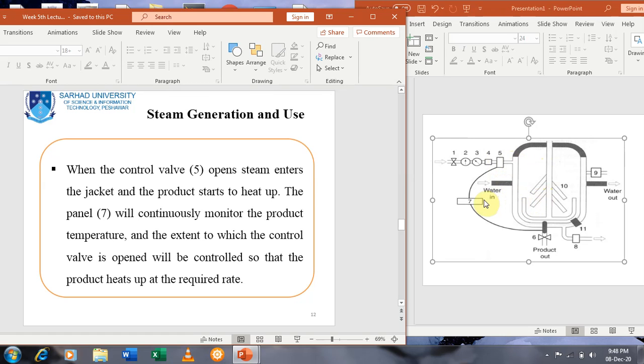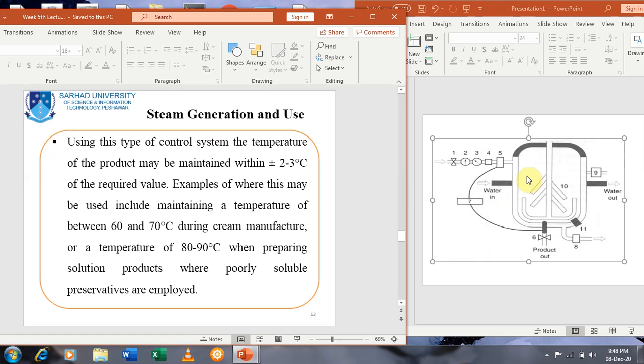The panel 7 will continuously monitor the product temperature, and the extent to which the control valve is open will be controlled so that the product heats up at the desired required rate. The control panel 7 is responsible for monitoring the desired temperature and controlling the rate of temperature rise of the product.